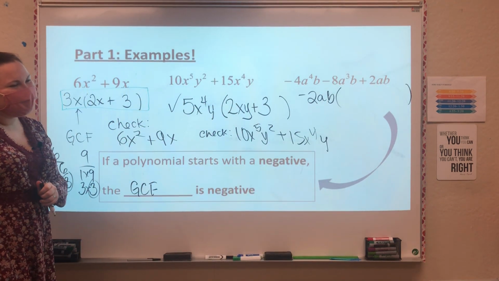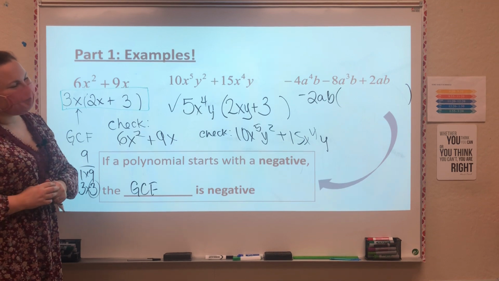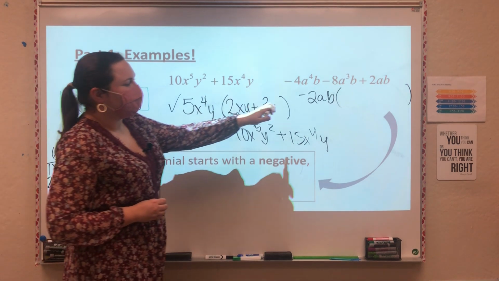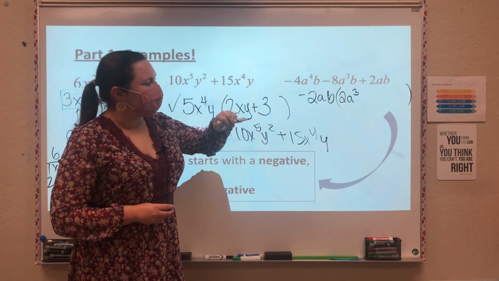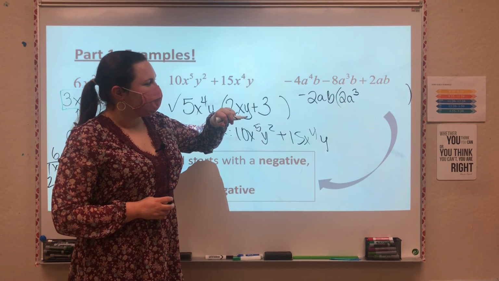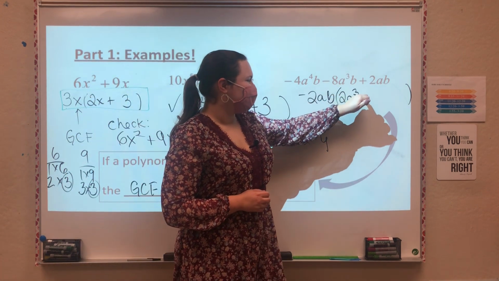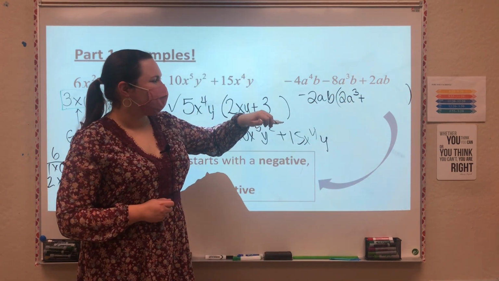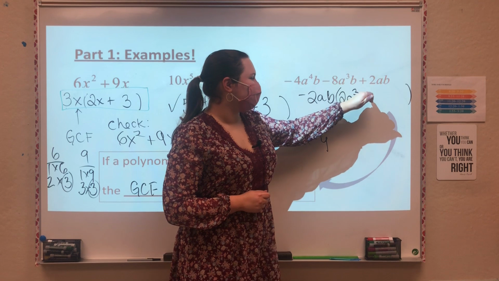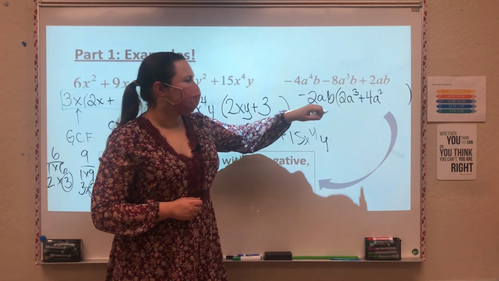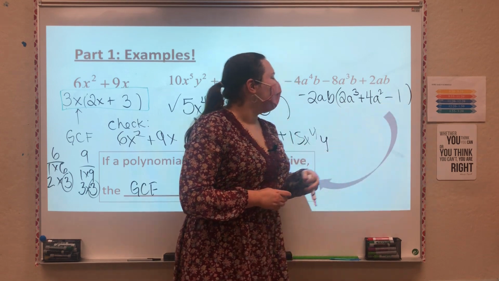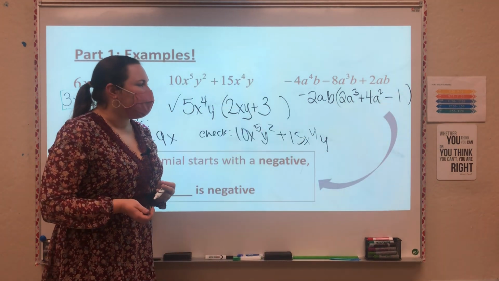Okay, so you'd have to do 2a to the 3rd plus 4a to the 2nd minus 1. With these negative ones, those signs can be tricky.